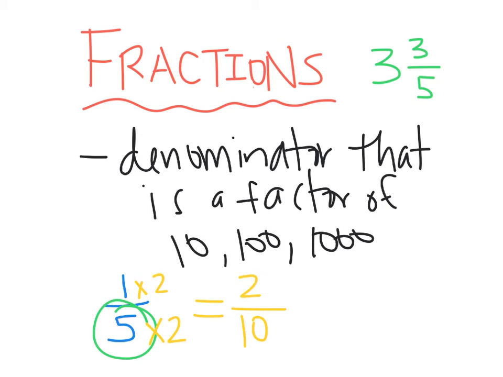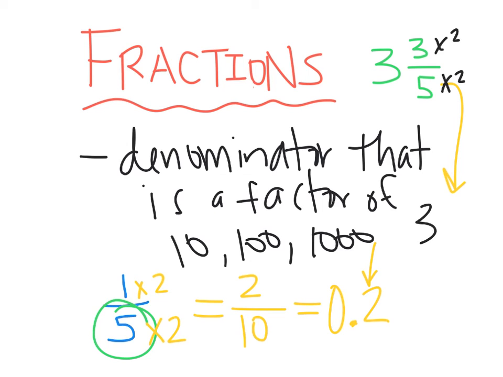1 times 2 is 2. 2/10, if I can say it, I can write it as a decimal, so that will become 0.2, because 2/10, the 2 would need to fall in the tenths place. If I take a look at 3 3/5, once again, I have a denominator of 5, so I want to make sure that I can multiply that times something, so I can multiply that times 2, multiply 3 times 2.